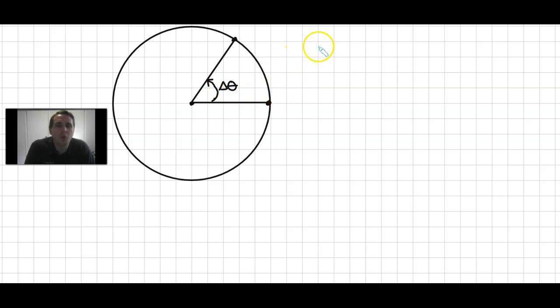So we know that an angle change, delta theta, should equal a distance along a curved arc divided by a radius. So let's call this distance radius r, here to here, and the radius is constant for this circle. And then this curved distance along the outer edge, we'll call that s.